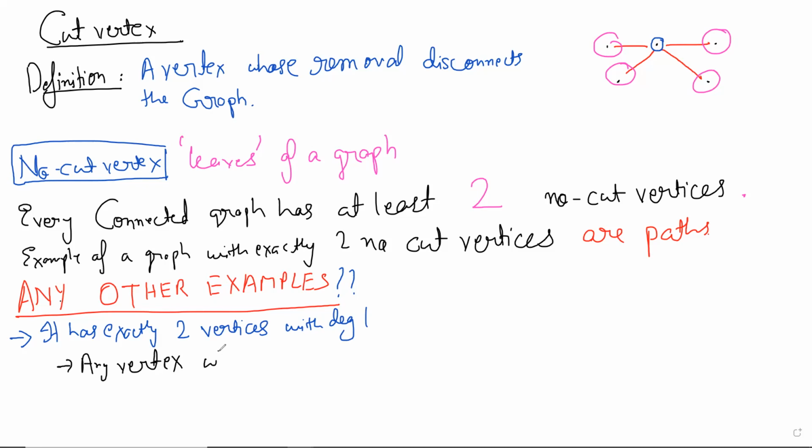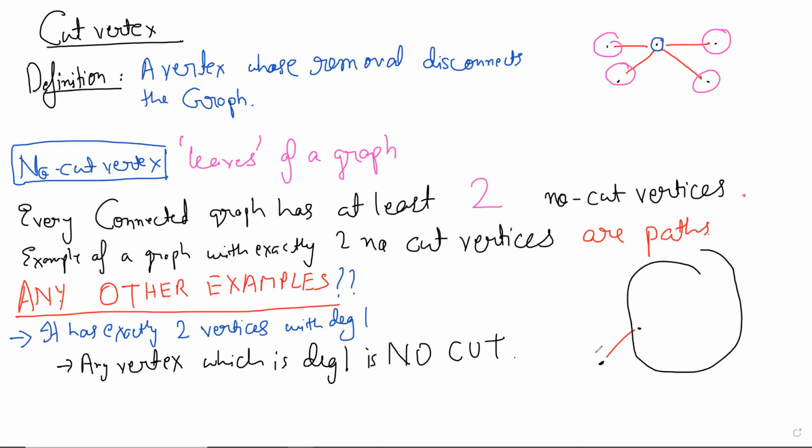Any vertex of degree 1 is no cut. Intuitively, it is here and the rest of the graph is here, so removing this vertex is obviously not going to disconnect the graph, because it doesn't have the responsibility of connecting anything else.